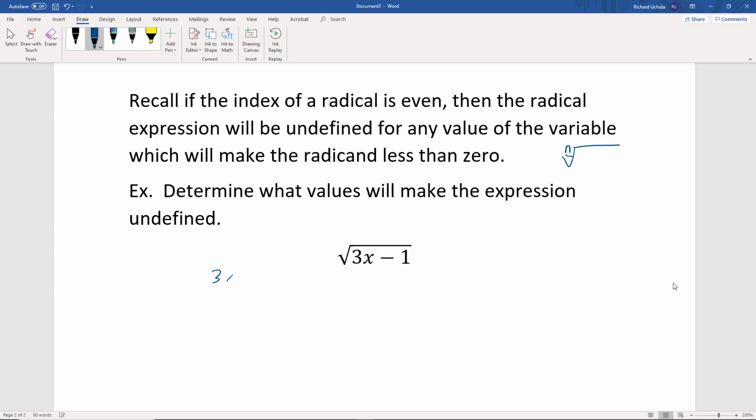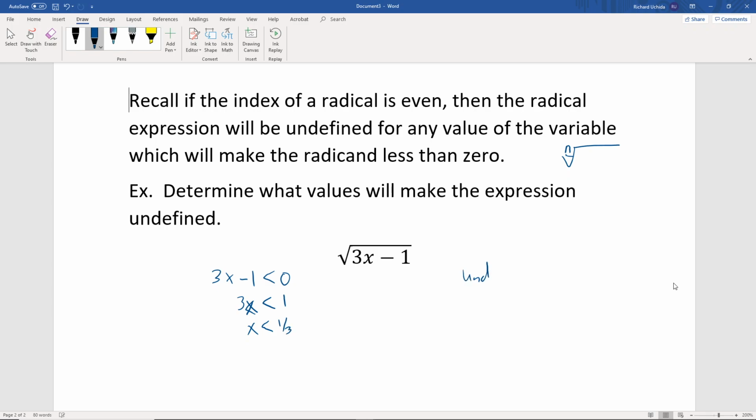So what I'm going to do is set that less than 0, and then solve this inequality. I would add 1 to both sides of the inequality sign, so you get 3x is less than 1. Divide both sides by 3, so x would be less than 1/3.